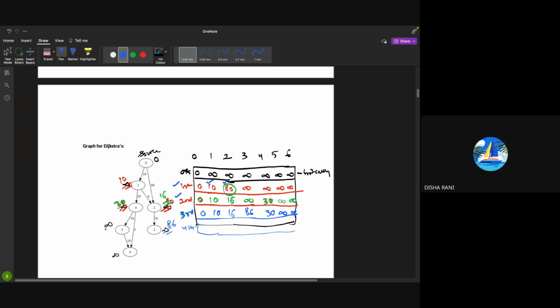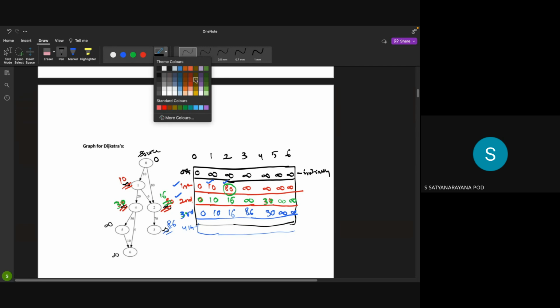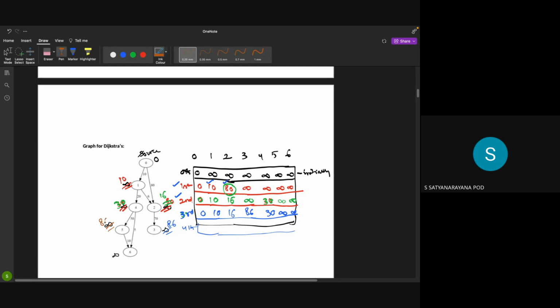So this infinity will go. I'll use some other color, maybe red. This will come 80. So the fifth vertex's reachability is 80.